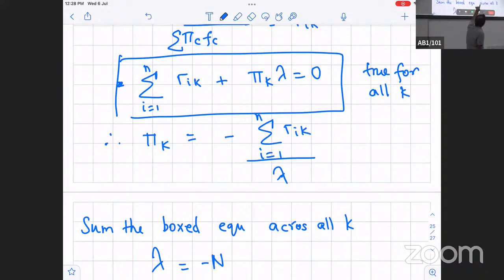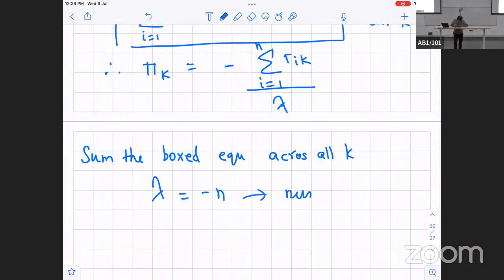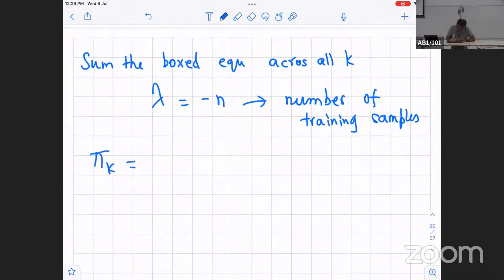What is the summation over k of pi k? It is 1. So you can solve for lambda, and it turns out that lambda is equal to n. It is small n, the number of training samples. So basically pi k is equal to the summation of gamma i k by n.